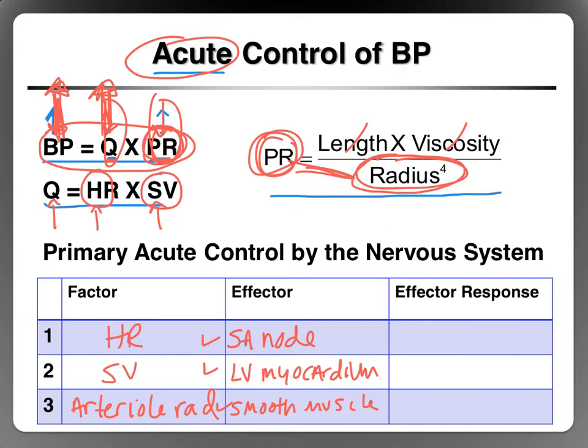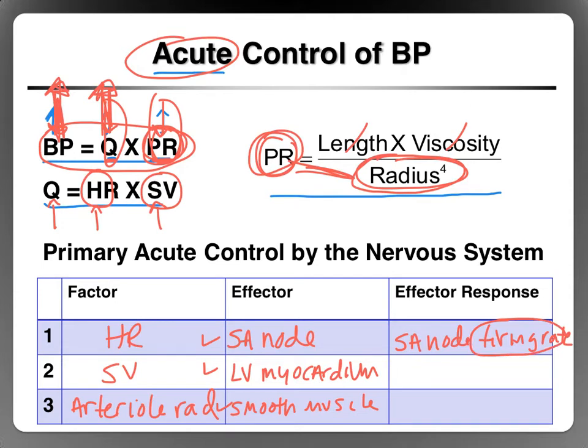So if you want to increase heart rate, what you would want to do is increase the firing rate. The response of the SA node is the SA node firing rate. So the effector is the SA node, the response is the firing rate.